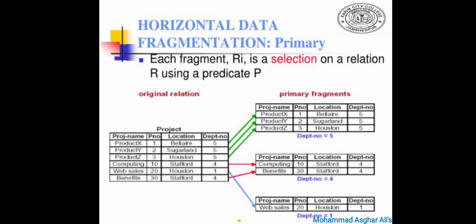Each fragment Ri is a selection on a relation R using a predicate P. You can see how it is fragmented. Primary fragmentation: the original table is divided into three parts, primary fragments, departments, three tables. It is divided into three tables.